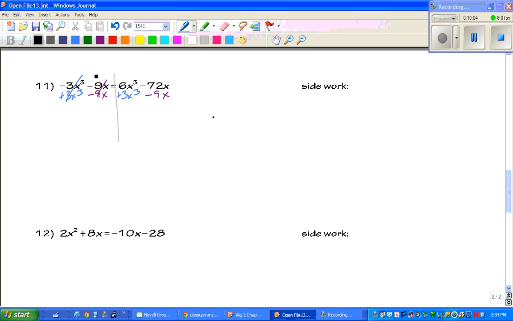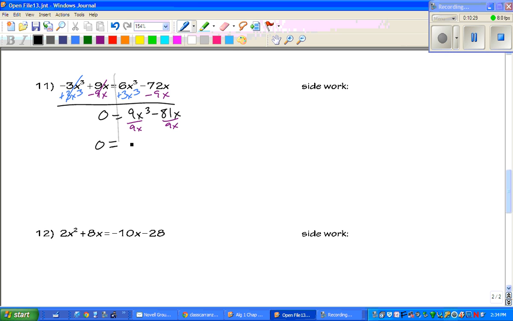And we get 9x cubed minus 81x. So the first thing you always need to ask yourself, is there a GCF? And there is. Okay, we can factor a 9x.